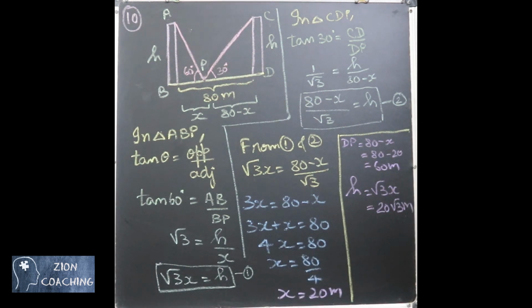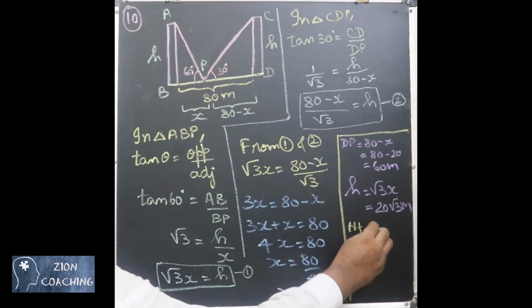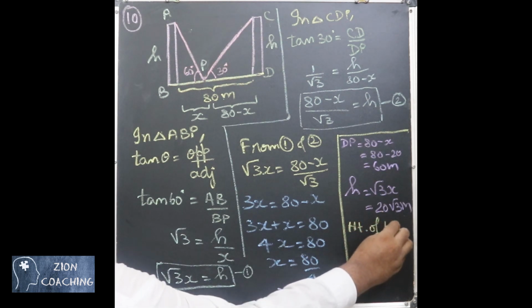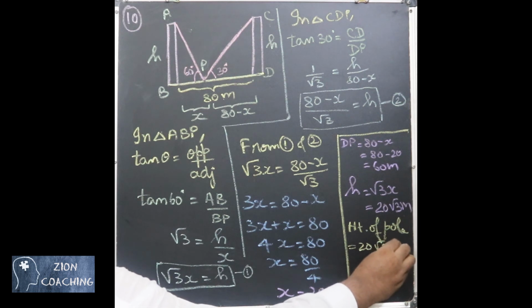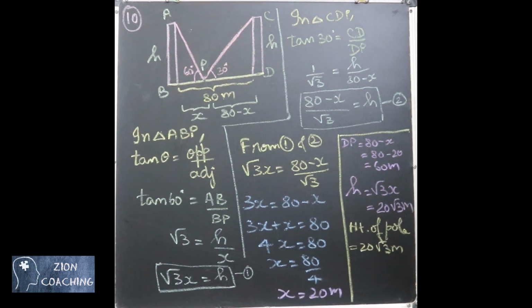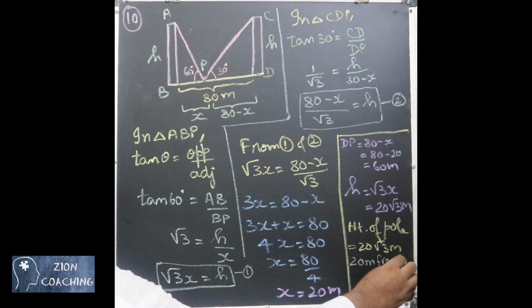So the height of the pole is equal to 20 root 3 meter. The person is standing at a distance of 20 meter from the first pole and at a distance of 60 meter from the other.